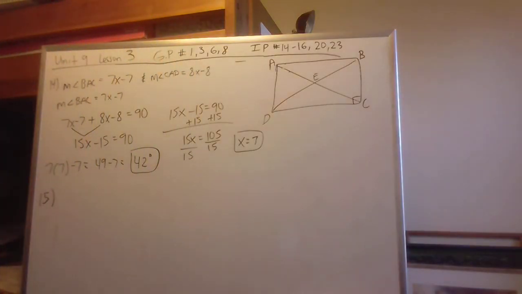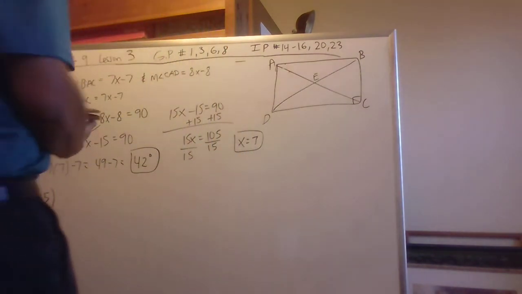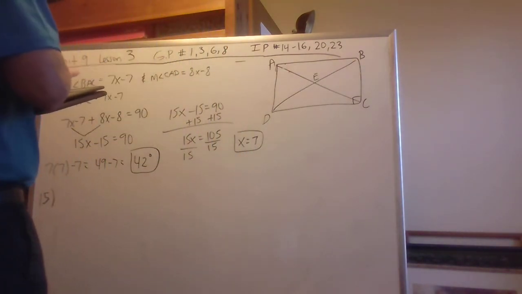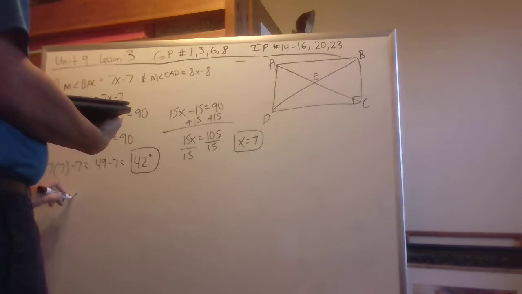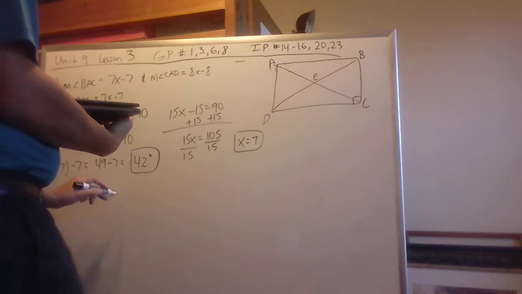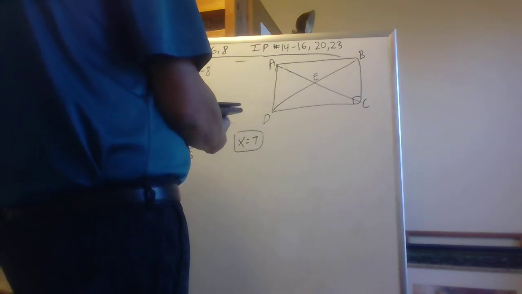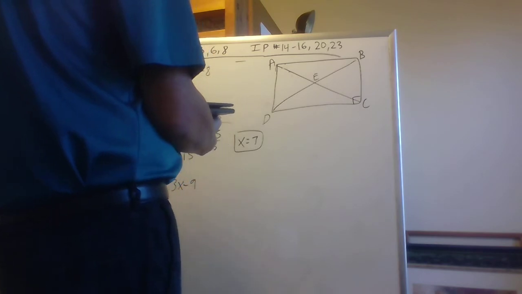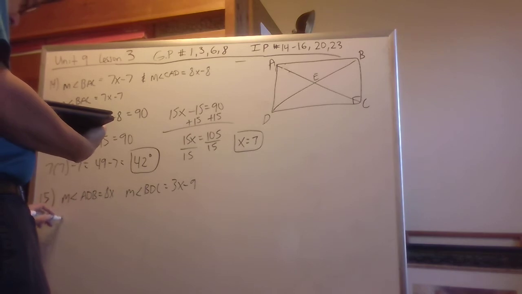Number 15 says, if the measurement of ADB equals 8x and the measurement of BDC equals 3x minus 9, they want you to find the measurement of DBC.